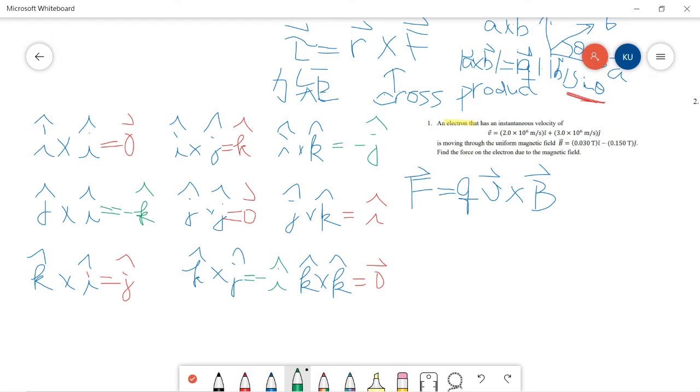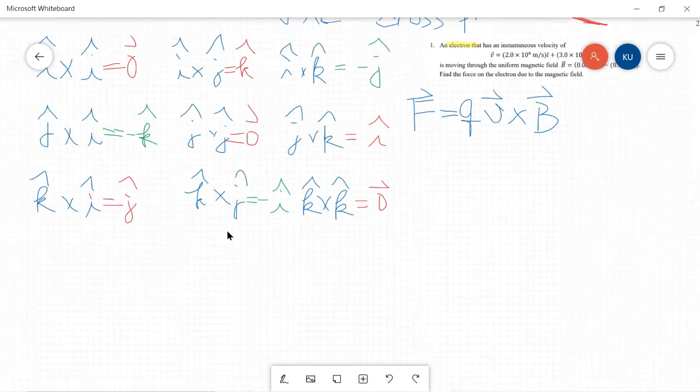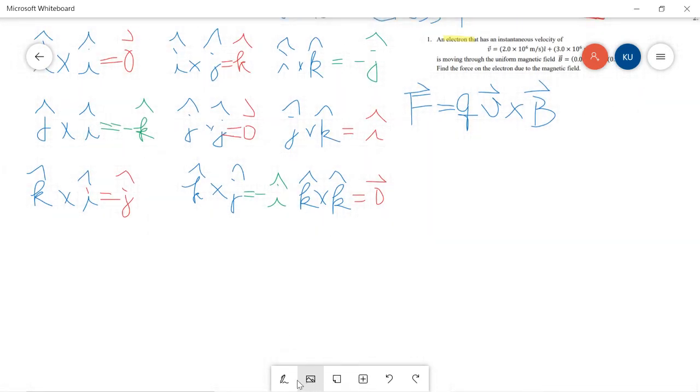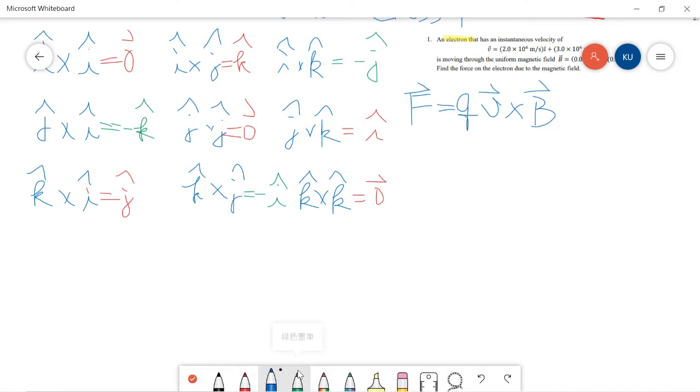So it may be difficult to remember, but actually you can draw something like this. We can write I, J, K like this, I, J, K like this.